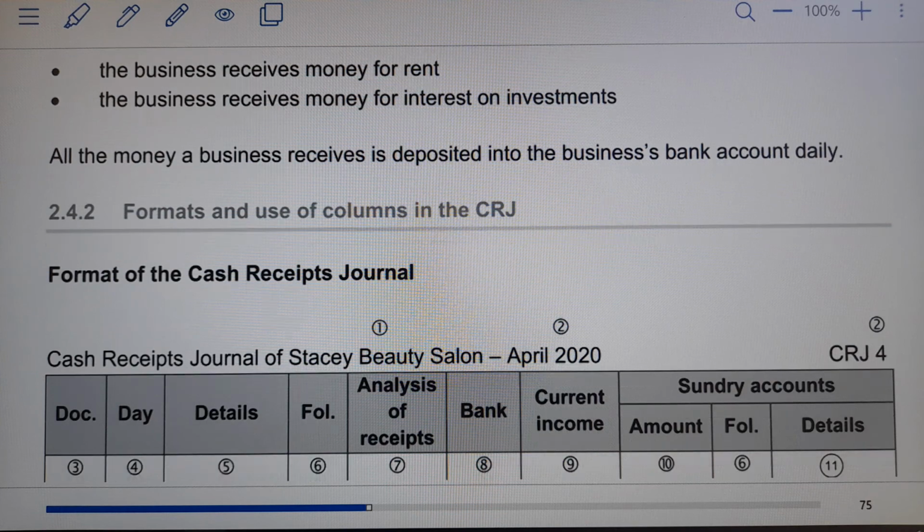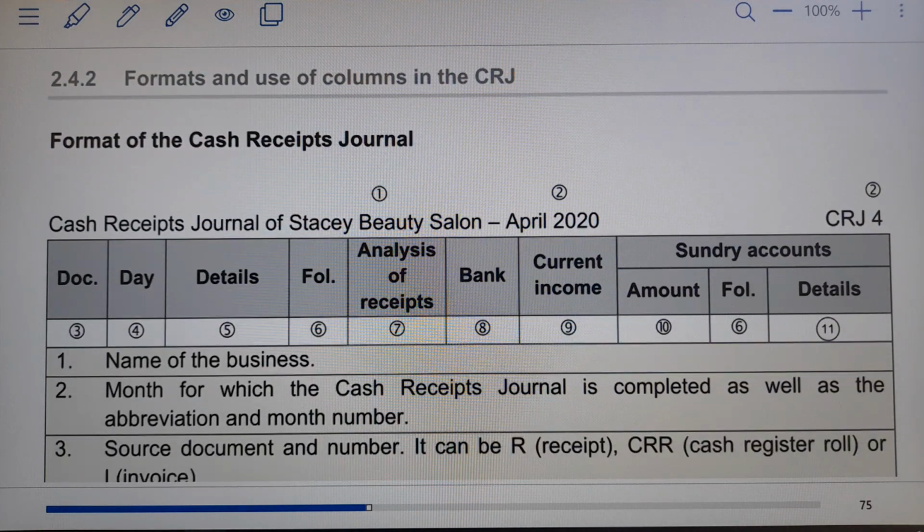Okay, so let's continue with section 2.4.2, the formats and use of columns in the CRJ. So this is our CRJ. This will be the table for the CRJ. Just look at the top gray part. The other parts are just used to explain what is what, so that you know.